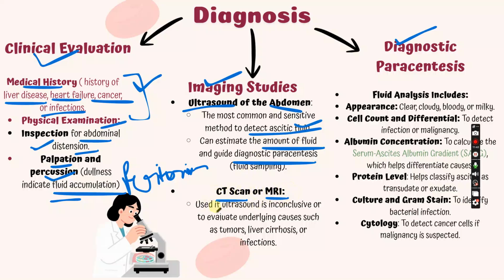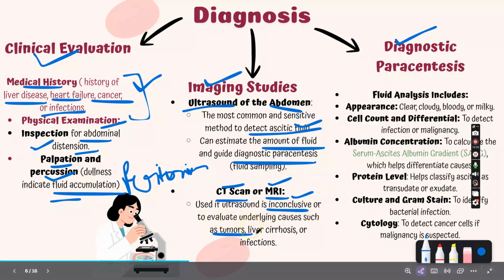What are the reasons for doing this? It is used if ultrasound is inconclusive. If we are not able to do ultrasound, then we'll move on to the CT scan or the MRI to evaluate underlying causes such as tumor, liver cirrhosis, or infection, to find out whether these are the factors that are contributing to ascites or not.